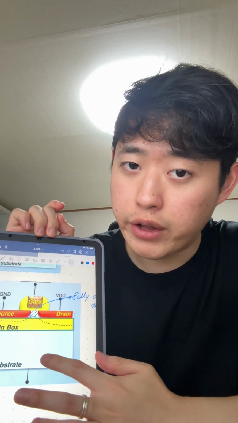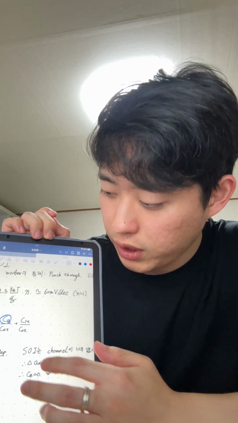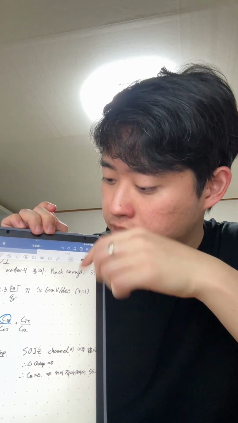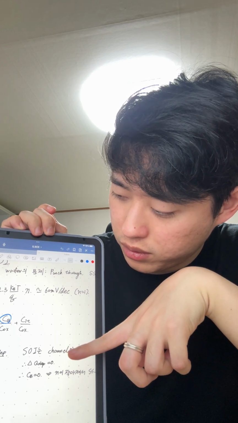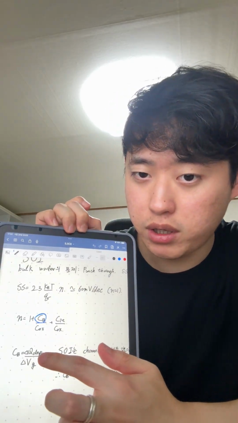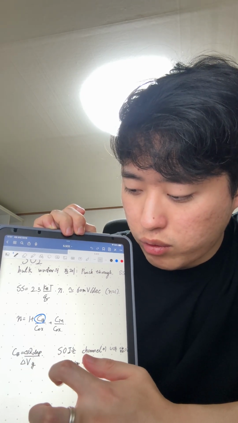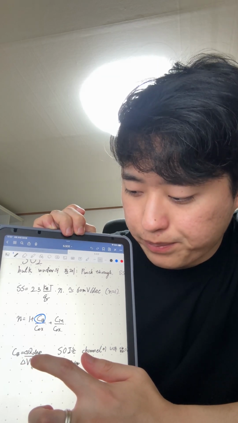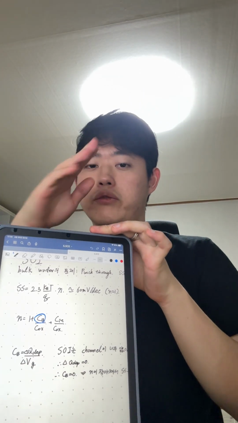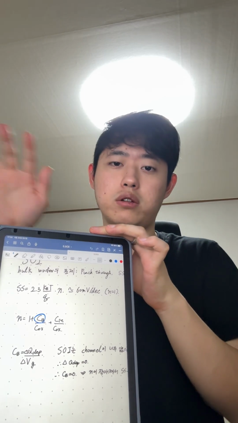If the SOI has a fully depleted channel, C depletion over COX will be 0, because C depletion is delta Q depletion over delta VG, and delta Q depletion is 0 because of the full depletion. It cannot change, okay? So the subthreshold swing will be better.